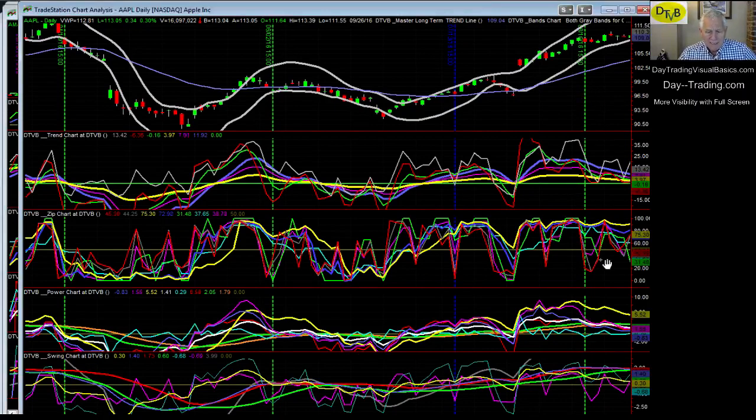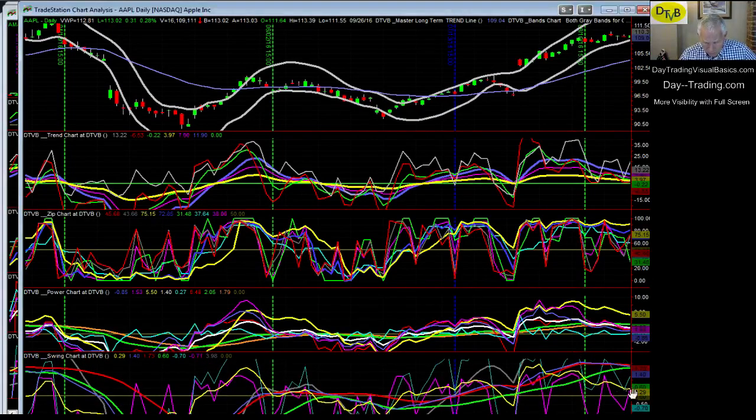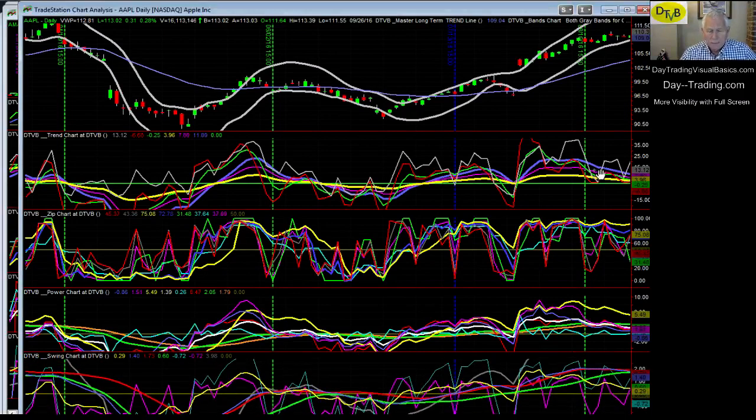The green line trend trio is going down, but notice the other 2 groups, the green and orange are going up, and the red and green are both going up. The red may have started down, I'm not sure, but my point is the trio started down. Over here it's real obvious. On this green middle line, the trio has started down, and in the other 2 groups in power and swing charts, they're up.